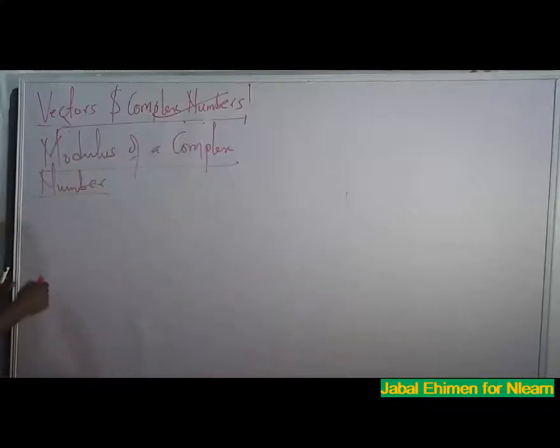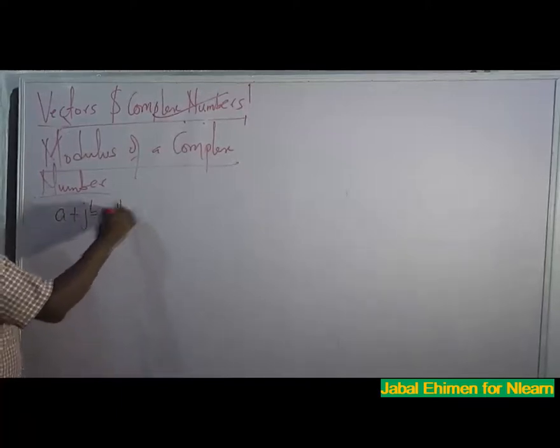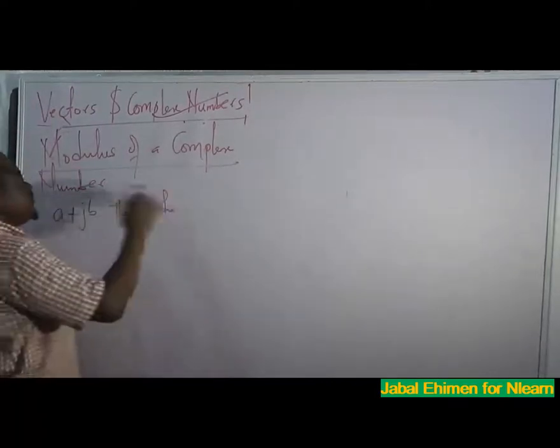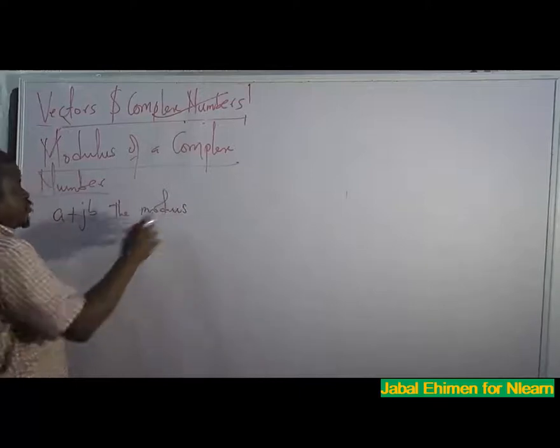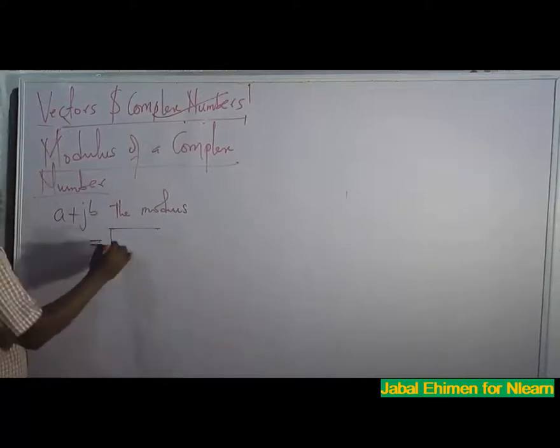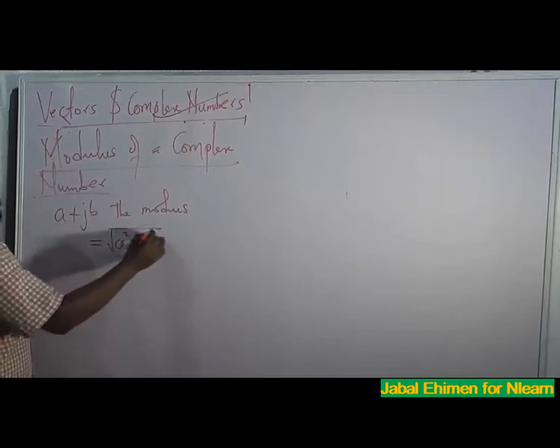For example, a complex number is given as a plus jb. The modulus is given as the square root of a squared plus b squared.